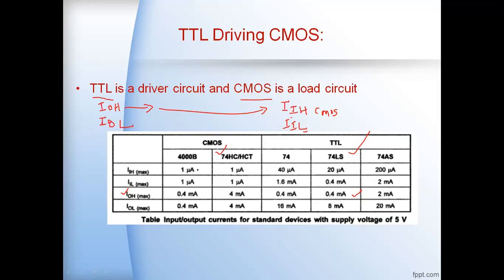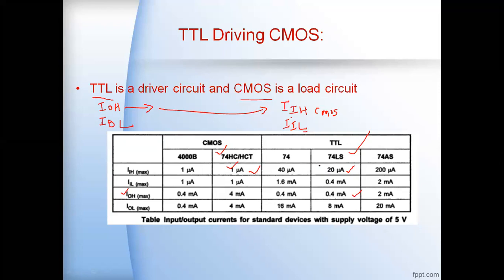Now what is the current rating of this CMOS gate here? It is 1 microampere. The output of the 74LS TTL gate is 20 microamperes, and the maximum current that can be accepted by the CMOS input is 1 microampere.